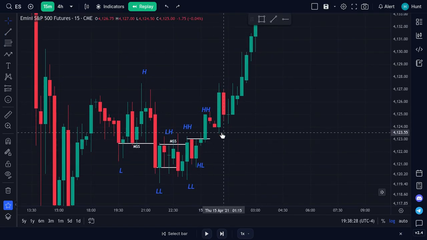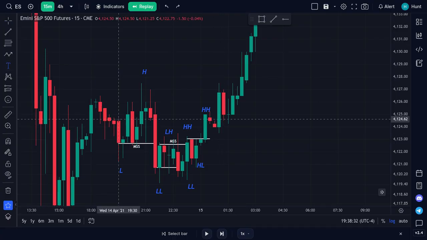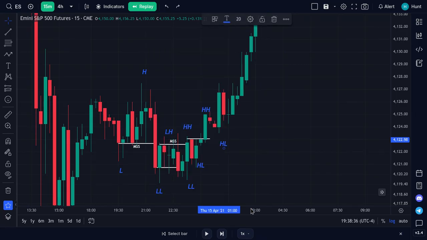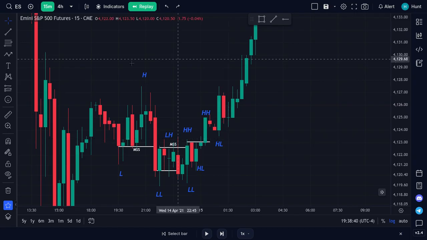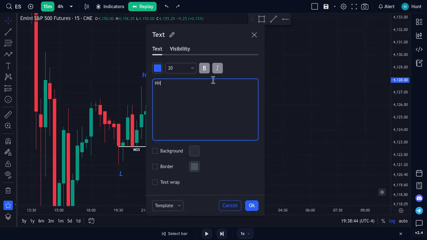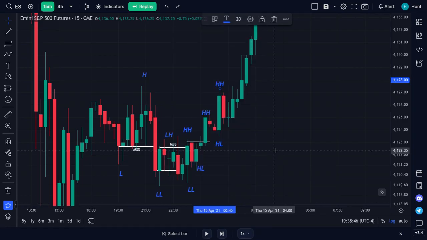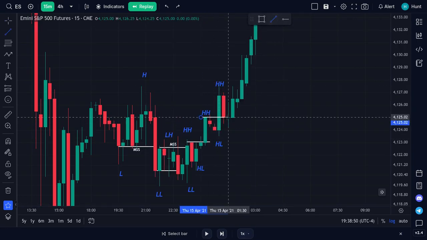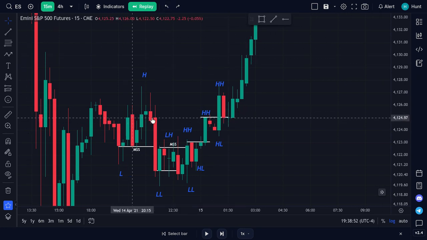We retrace down, we pivot back up, we create another higher low, and we go up, create another higher high, and then it just continues doing this structure. And then I'll draw out this market structure break right here. So hopefully this makes sense.